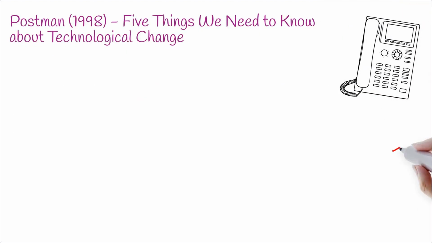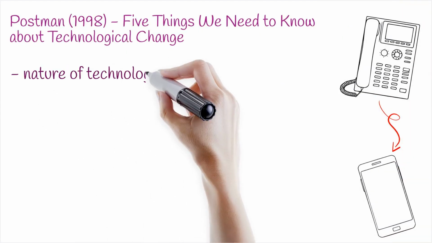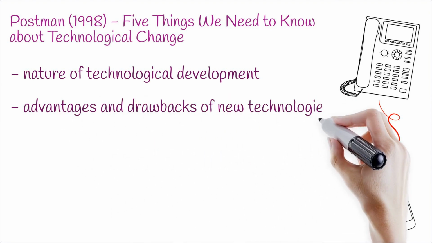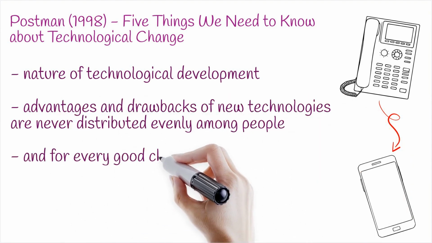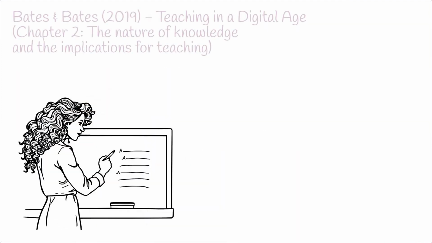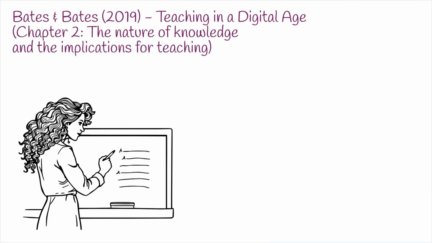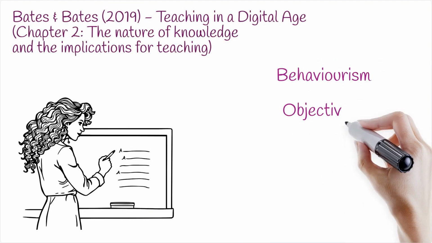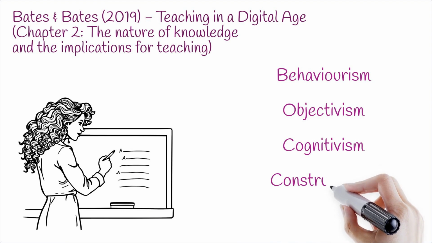The former opened my eyes to the nature of technological development and to the reality that advantages and drawbacks of the new technologies are never distributed evenly among people, and that for every good change technology offers, there is a corresponding disadvantage. The latter reading was a very clear explanation of such learning theories as behaviorism, objectivism, cognitivism, constructivism, and connectivism.